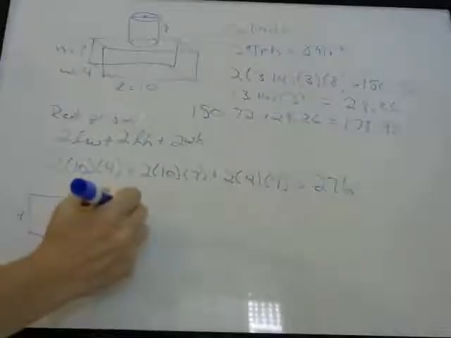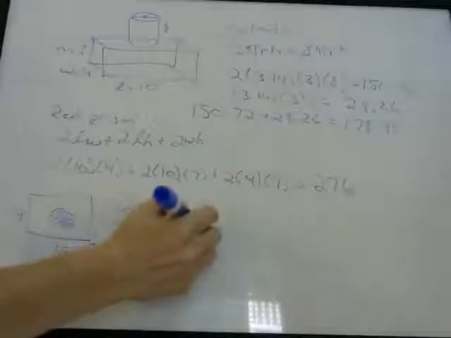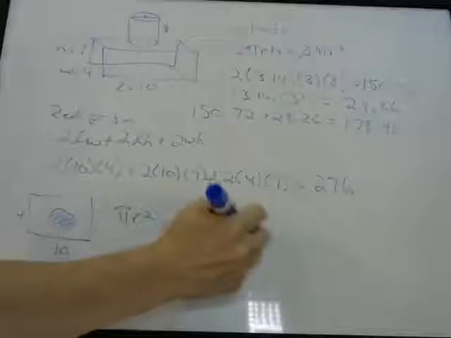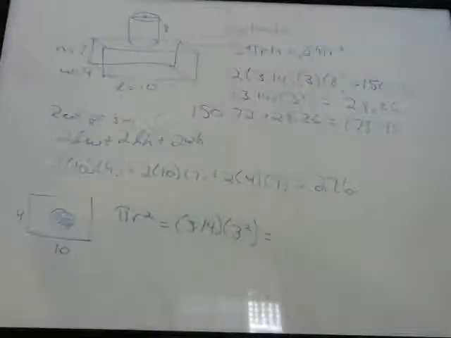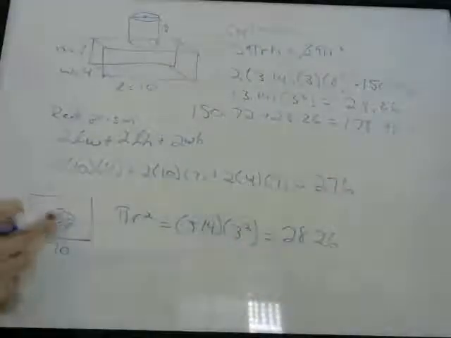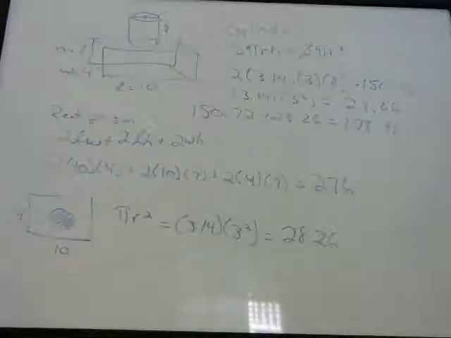So what's the area of a circle? Pi r squared. So 3.14 times radius, which is 3, 3 times 3, and that's going to give you 28.26. That is the area of the part of the cylinder that's sitting on top of that box.